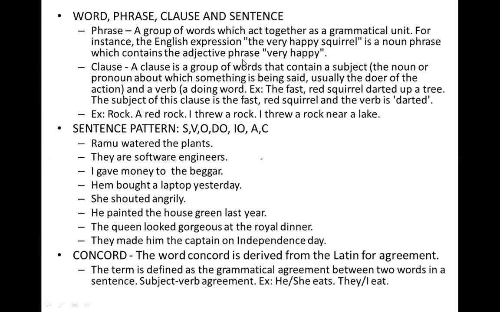For example, he eats, she eats, we eat, they eat, I eat. I is an exception always. We eat, plural. They eat, plural. She eats, singular. He eats, singular. It eats, singular.